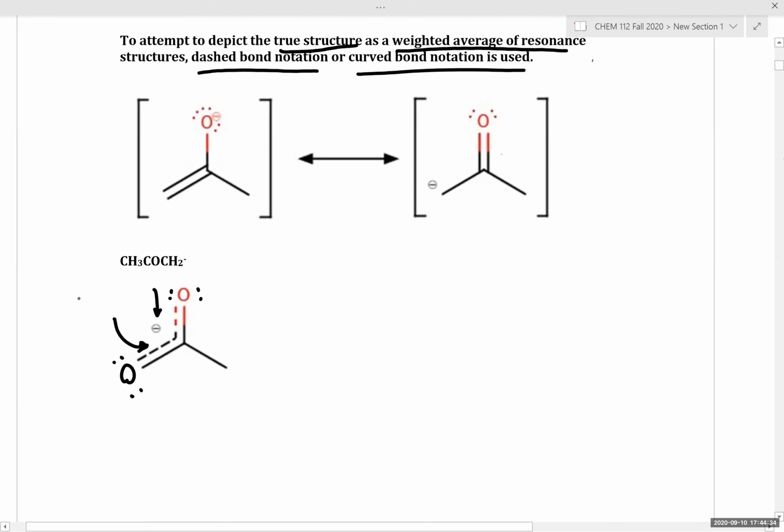So you can think of this as describing delocalized electrons.